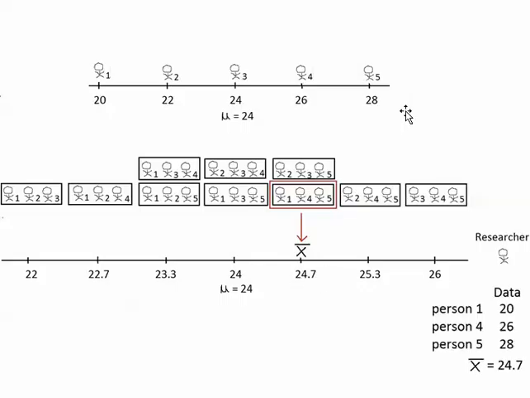And this ends up being my data set that I've recorded from those 3 people. So this is just another quick demonstration to help you understand what a sampling distribution is.